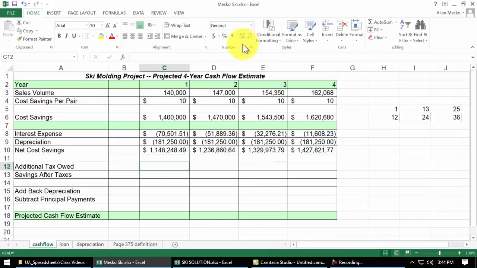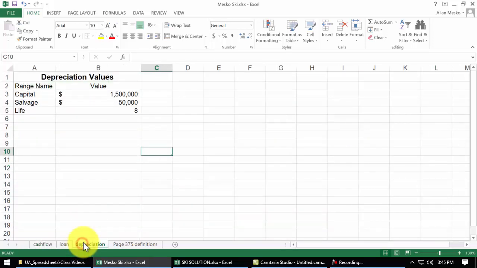Number 10 says, calculate the additional tax that would be owed based on the net cost savings. In other words, this is going to be income to us, that is taxed at a 35% rate. Use a global named range to store this value. We could store this value anywhere we want. Seems like the depreciation sheet is as good a place as any because that's where we're storing some other values.